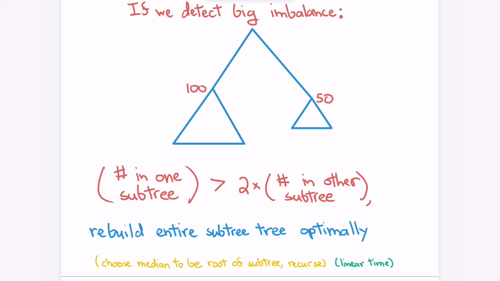Here I have one subtree with 100, another subtree with 50. One is much heavier than the other. Only then I'll rebuild the entire tree. You're keeping track of the count, so that's easy to notice. So the algorithm is really, really simple. You have a decent chance of programming this thing without introducing bugs. But it would be nice if we can argue that it's a good algorithm.